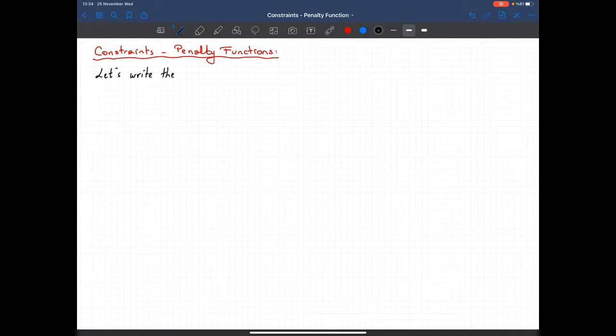Now let's take a look at the second method for imposing the constraint equations, which is called penalty functions. So in order to do the derivation, let's first write the constraint equations in the following form.